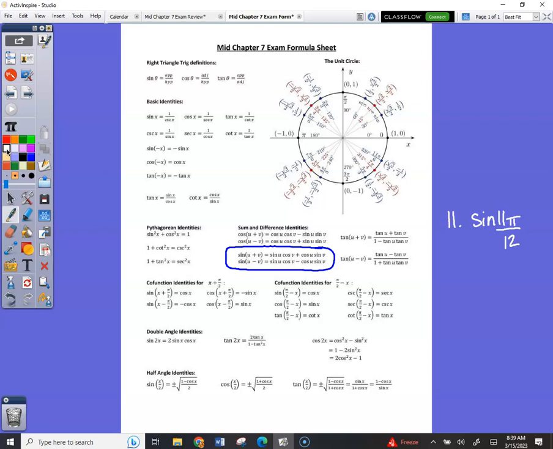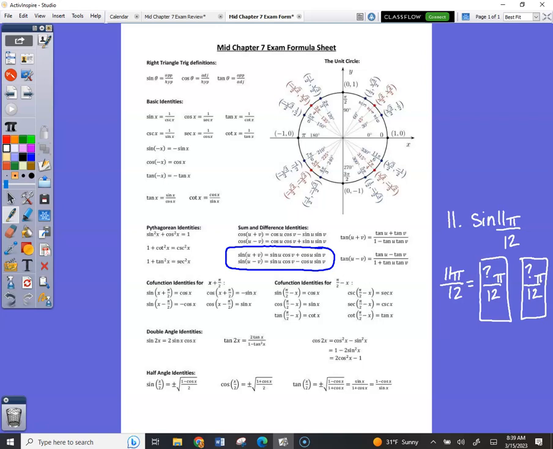The goal, though, is to take 11 pi over 12 and break it up. I'm going to put big boxes here. All right, break it up into two fractions that also have 12 in the bottom, and of course the pi's right here. So the goal is, what's the number here and here? And are we adding or subtracting?